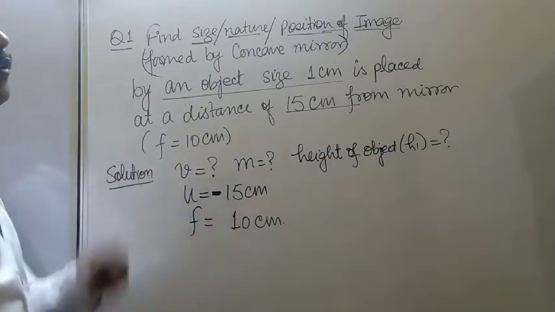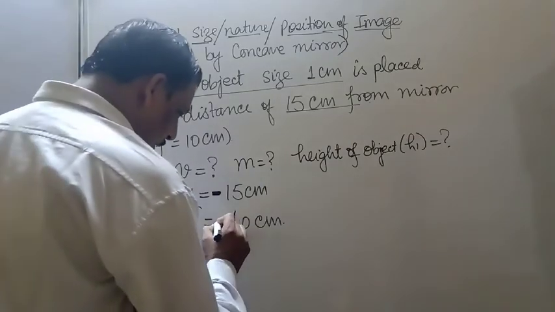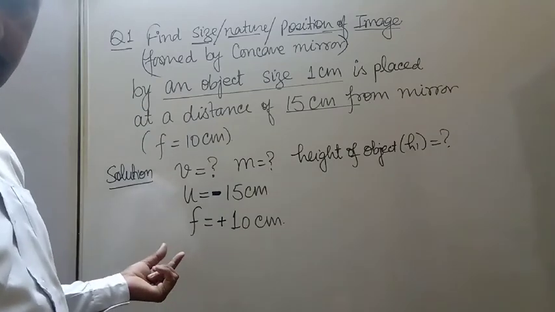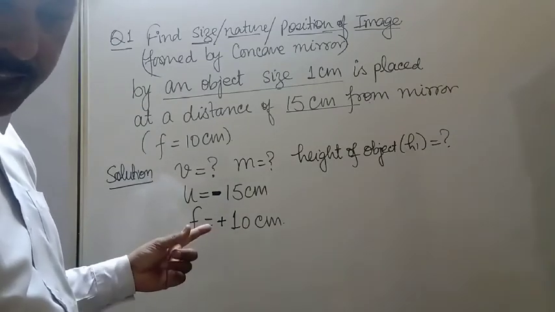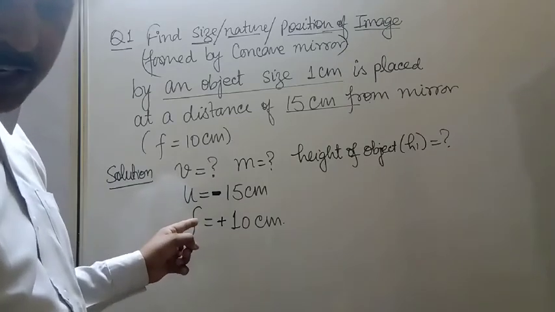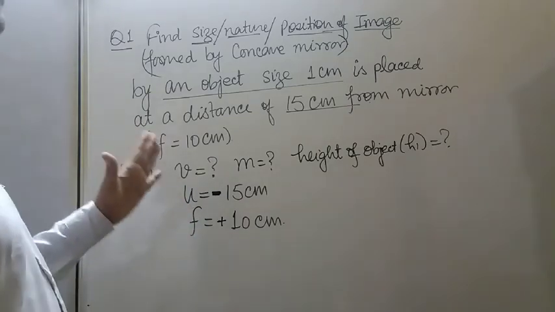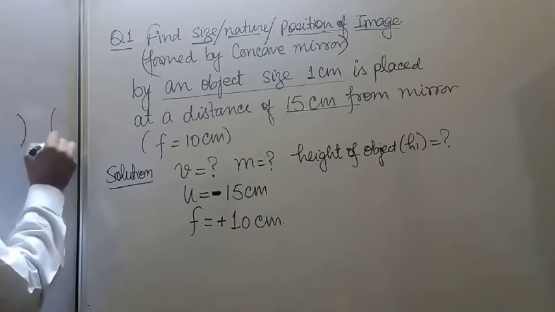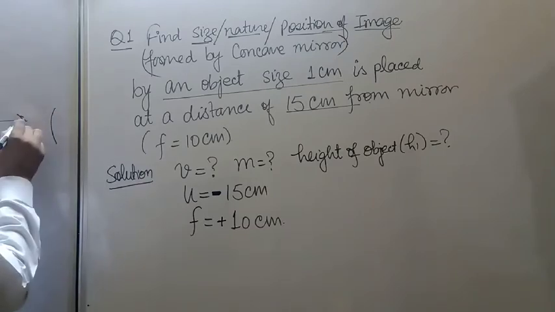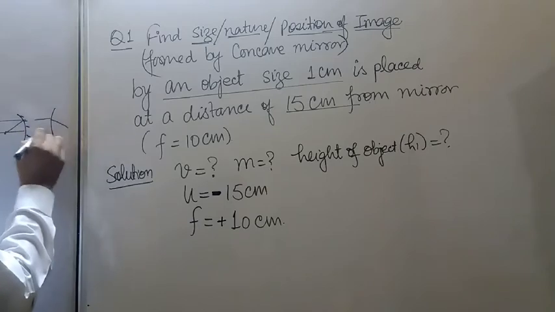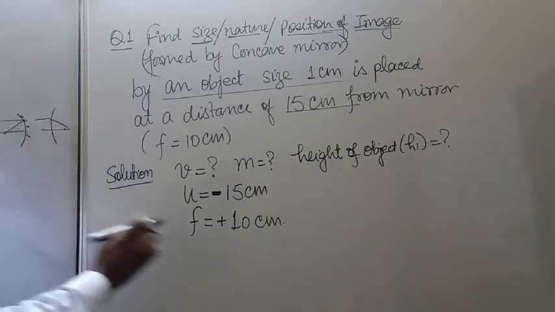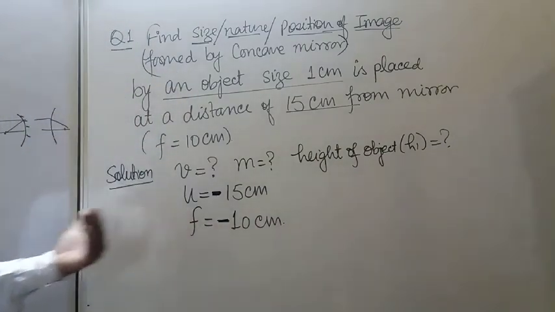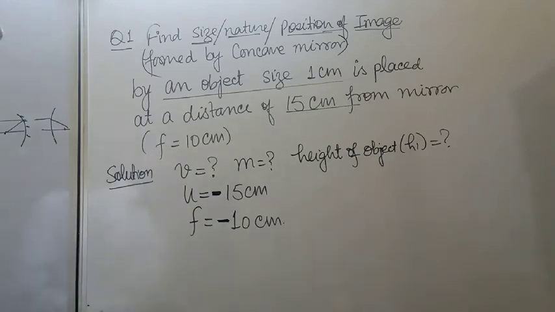Similarly, the focal length of a concave mirror is always positive by this convention. If it were a convex mirror, the focal length would be on the other side.